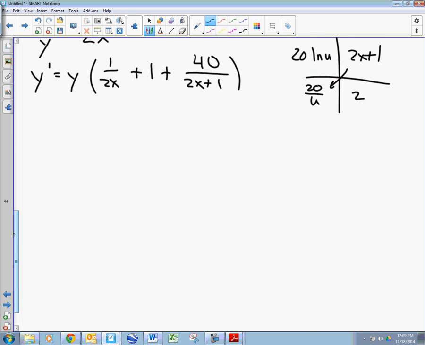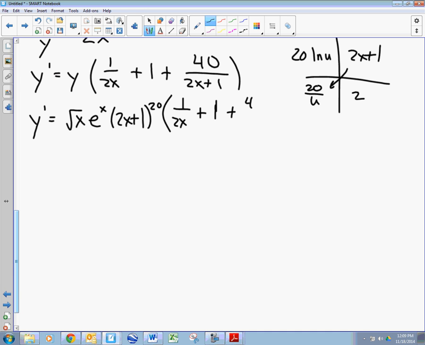So therefore, we will insert that, and that will be our answer. Y prime is equal to square root of x times e to the x times 2x plus 1 to the 20th times that remaining quantity, 1 over 2x plus 1 plus 40 over 2x plus 1.